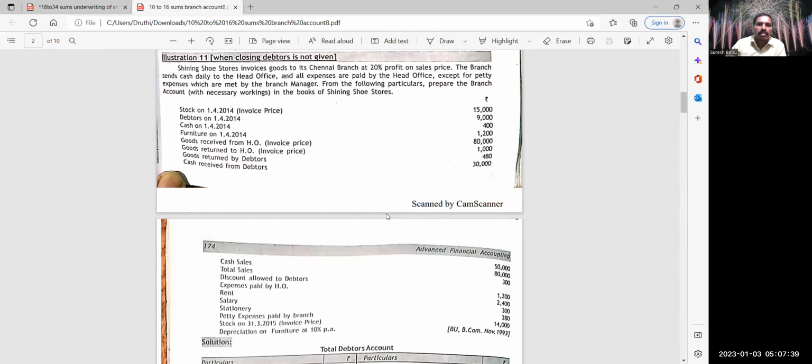So illustration number 11, as we were dealing with. The closing debtors is not given. Now you see that the sum is based on invoice price.